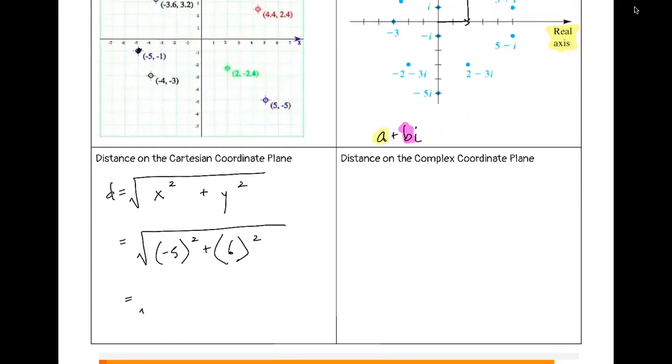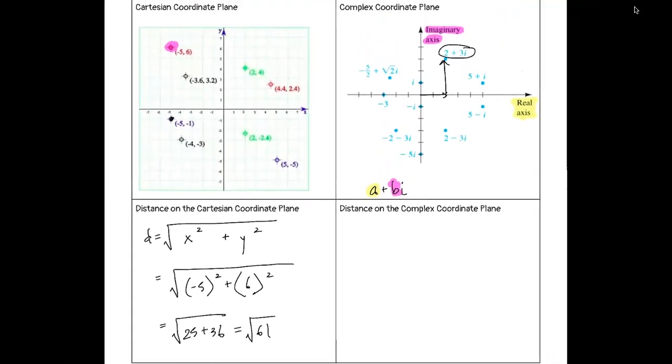And this would give us the square root of 25 plus 36. Or what does that give us? The square root of 61, okay? So if I bring it back to the graph, what that means is from the center to this point, that distance is the square root of 61.